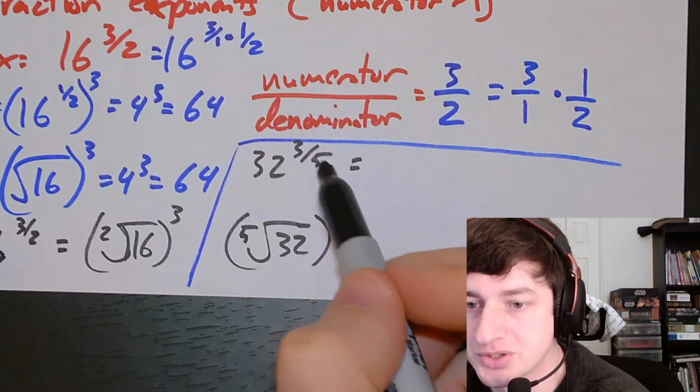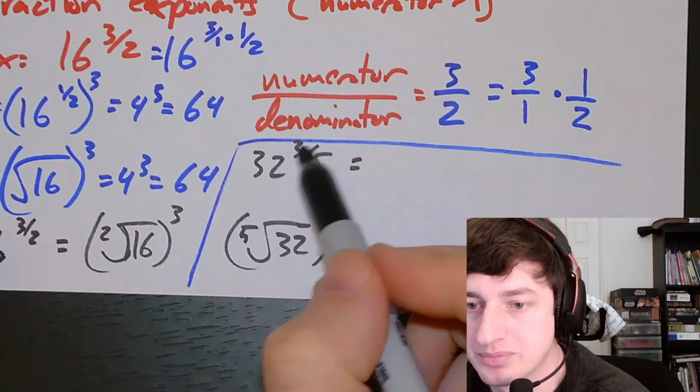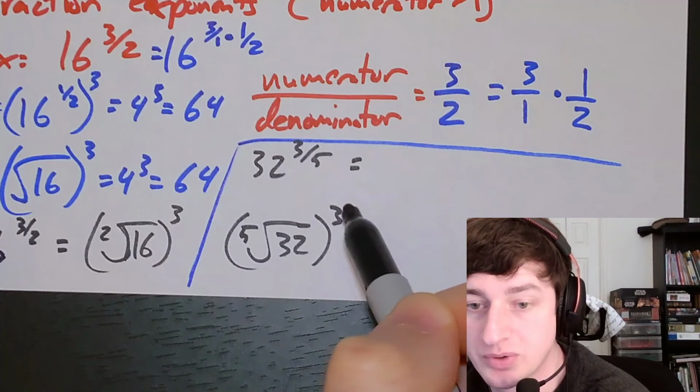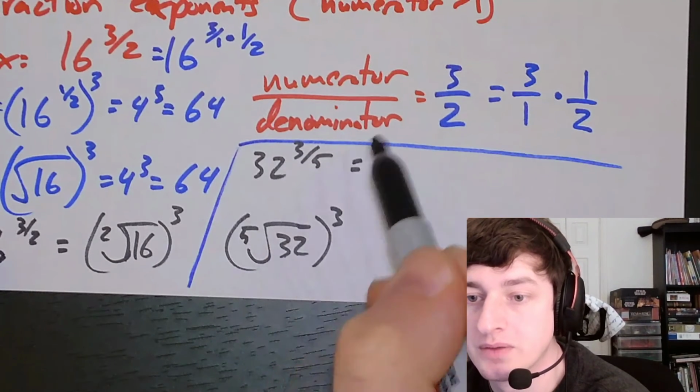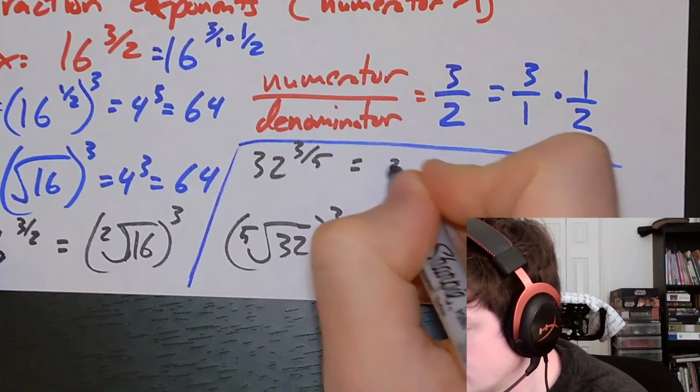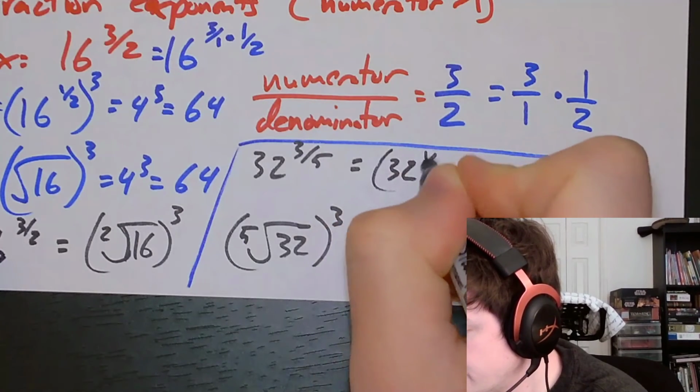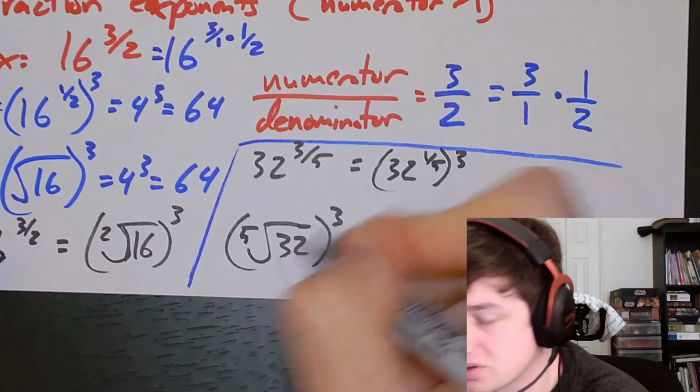So the denominator goes in the radical, the top stays as the exponent, and then we would simplify this. This is also the same as 32 to the 5th, cubed. These are the same.